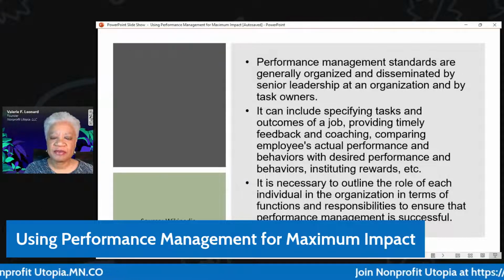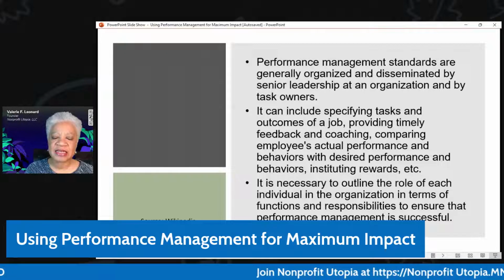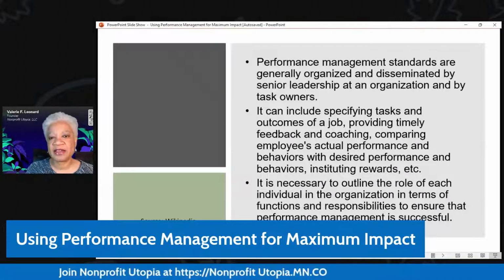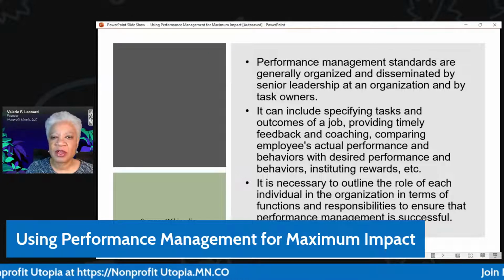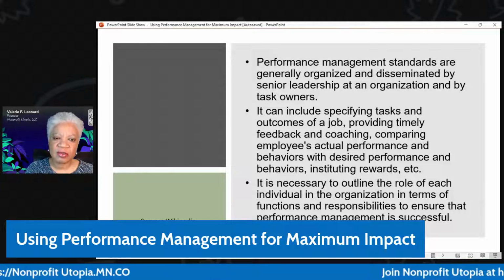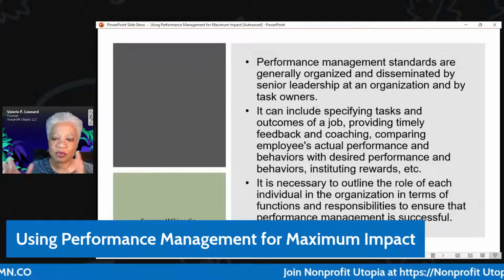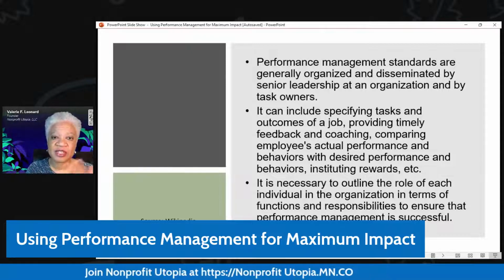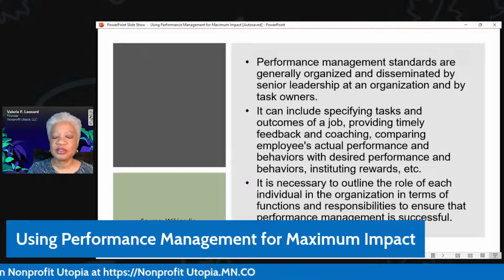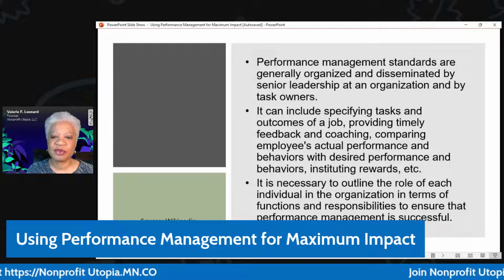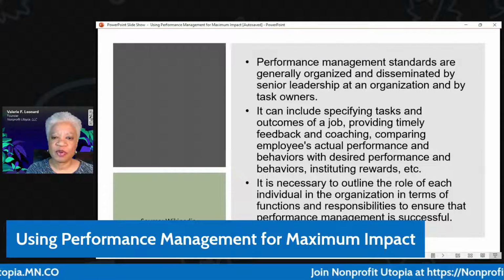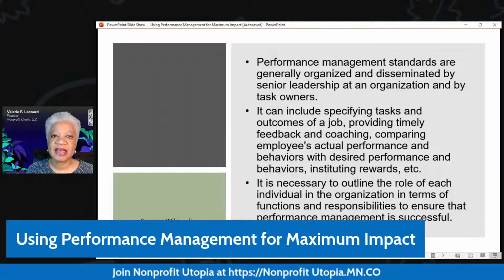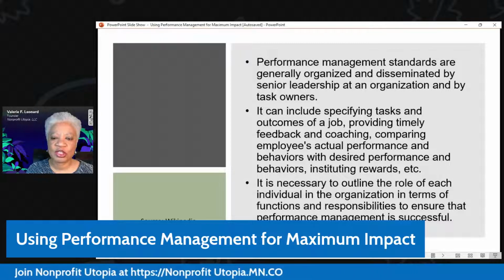But generally speaking, after you do your strategic planning process, you want to make sure that there are some system wide standards. And when I say system wide, I'm talking about your organization. So all departments and all programs, all operations should adhere to a certain set of standards so that you can provide an objective review. So, your performance management standards can include specifying tasks and particular outcomes for a job.